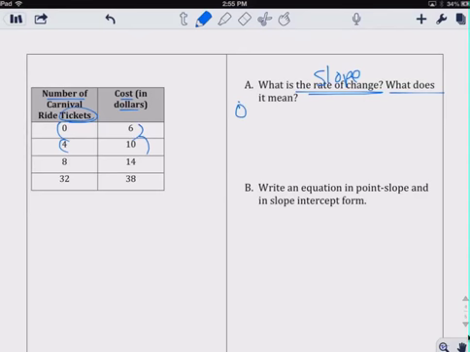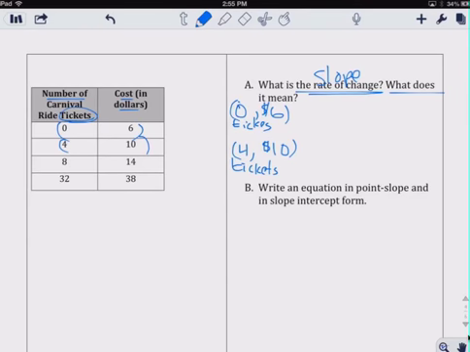Okay, 0 tickets cost $6. 4 tickets will cost you $10. So 0 tickets for $6.